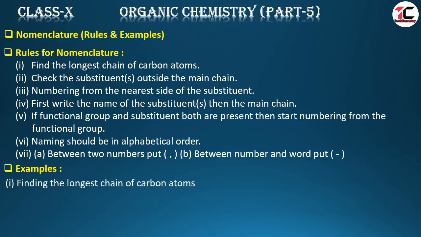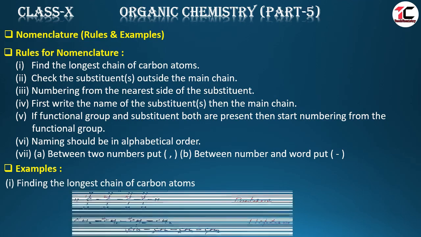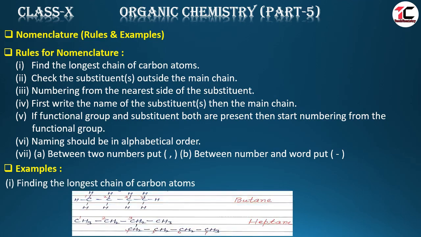Finding the longest chain of carbon atoms, and for this we can see in the diagram, here is a chain of carbon atoms and we can see there are four carbon atoms: first, second, third, fourth. This is a straight chain of four carbon atoms, so for 4 we write but. For carbon-carbon single bond we will use ane.